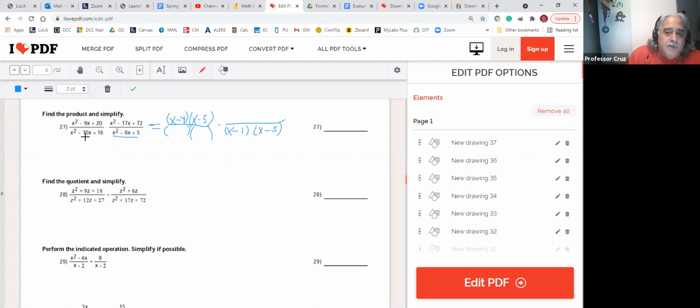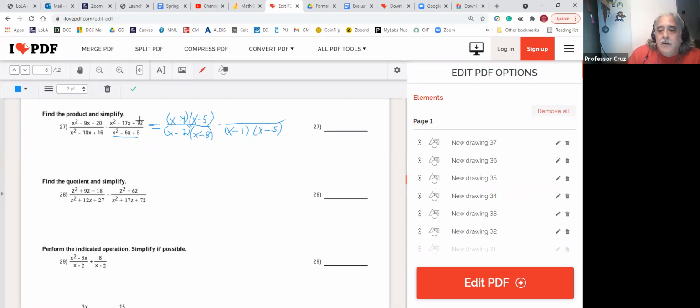But negative 4 and negative 4 is not 10, it's 8. So the only other possible is this is x minus 2, x minus 8.